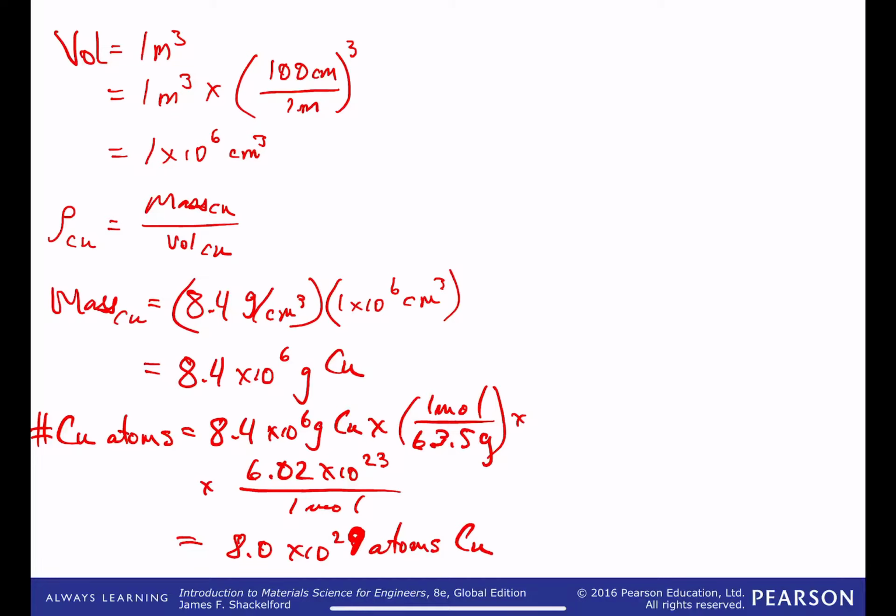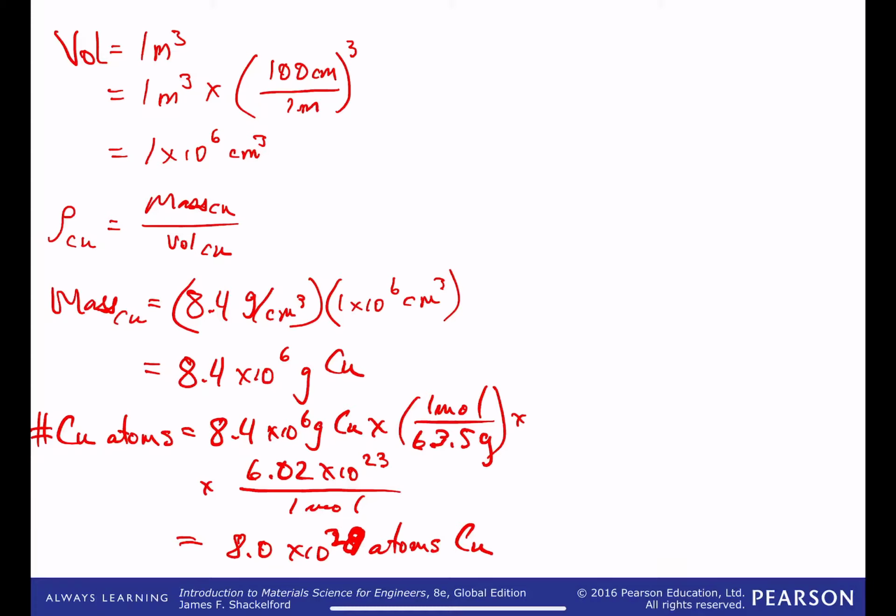Let me just confirm that. 8.4 E6 divided by 63.5 times 6.022 E23. Oh no, I had it right. Apologies, 28. 8.0 times 10 to the 28 atoms of copper.